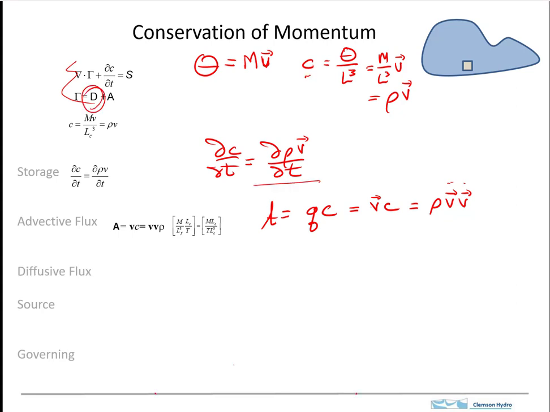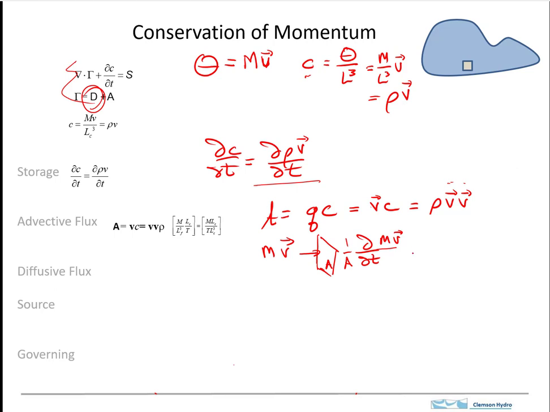So the diffusion of momentum we can think of like this. Mass times velocity is momentum, and this is going through a unit of area. So the flux through that area is going to be the rate of change of the mass times the velocity per unit area. So that's a way of thinking about the momentum flux.